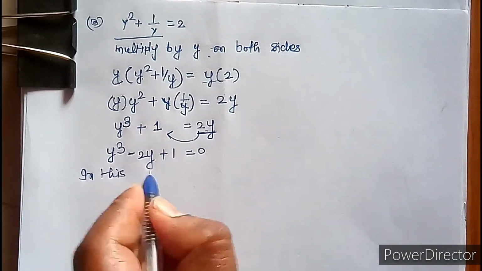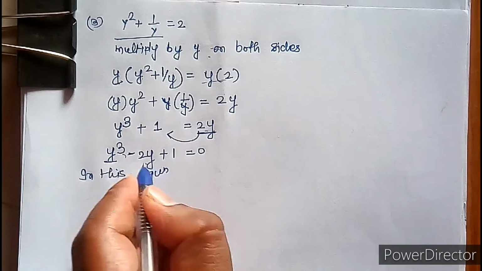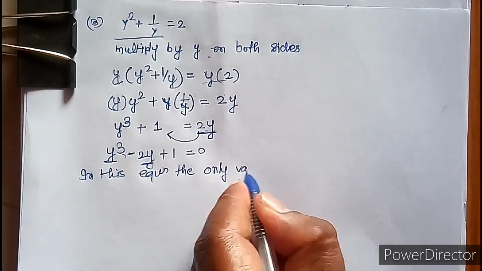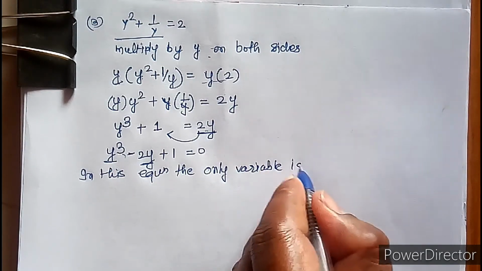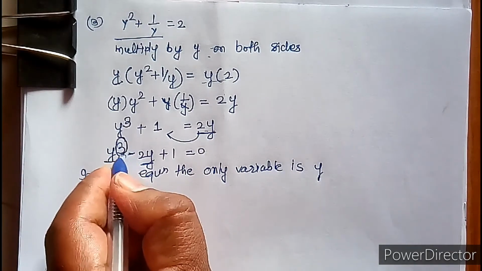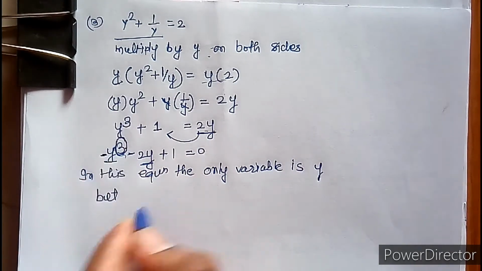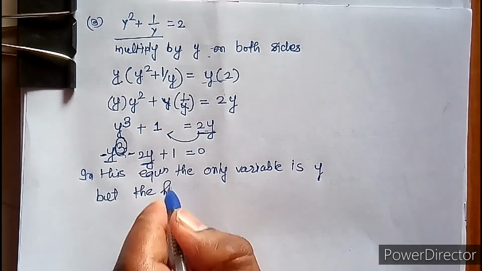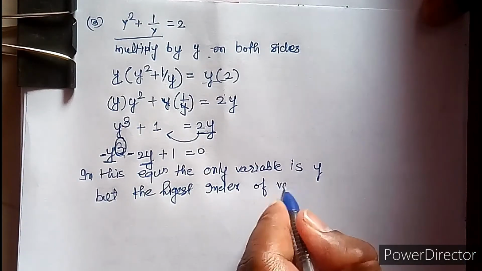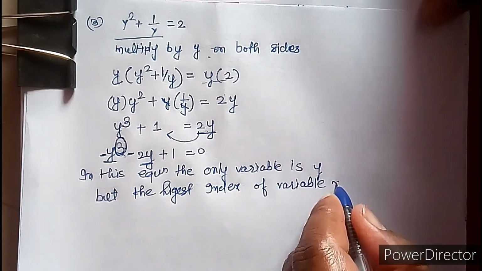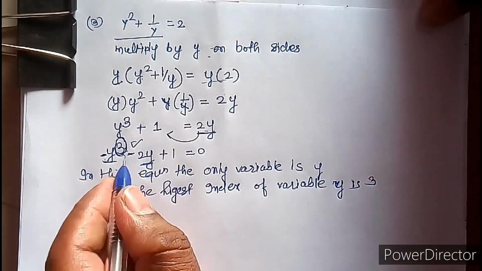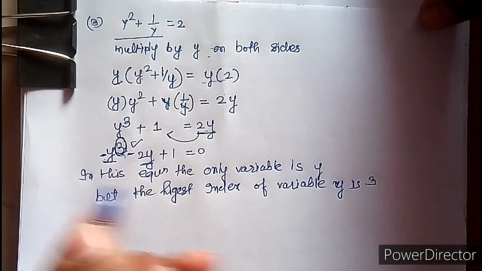In this equation the only variable is y, but the highest power or highest index of the variable y is 3, but we required 2 as the highest power.